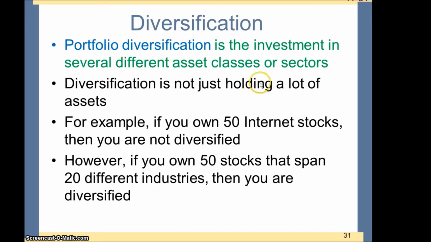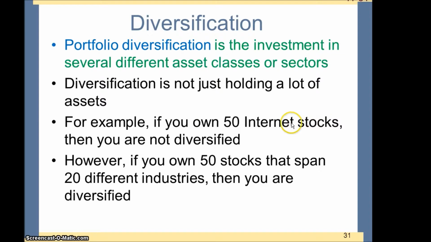Portfolio diversification is the investment in several different asset classes or sectors. It means you invest in more than one stock, and these stocks are from different industries. For example, if you own 50 internet stocks, you are not diversified. Why?